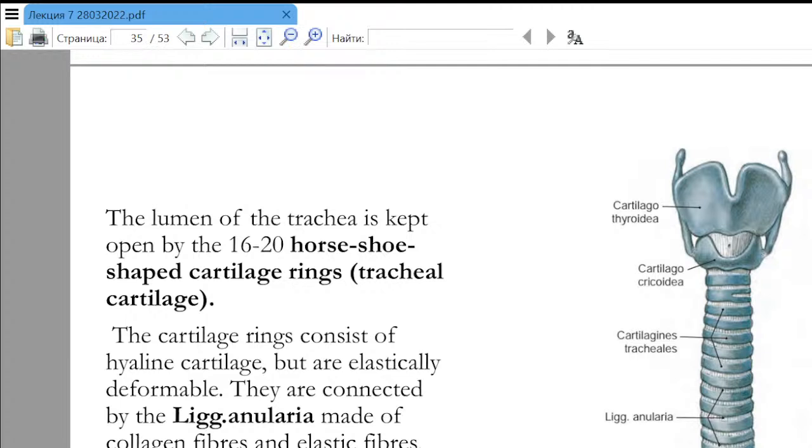They are connected by the ligamenta anularia, made of collagen fibers and elastic fibers, which give them flexibility and enable changes in length. You see the cartilago trachealis and ligamentum anulare.